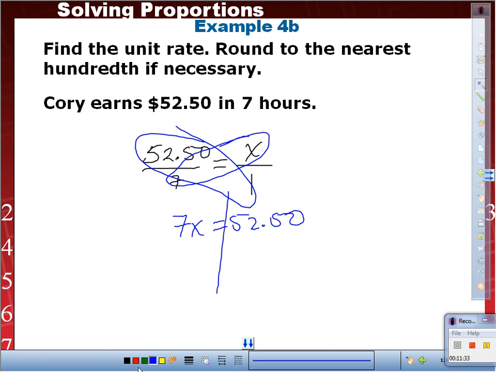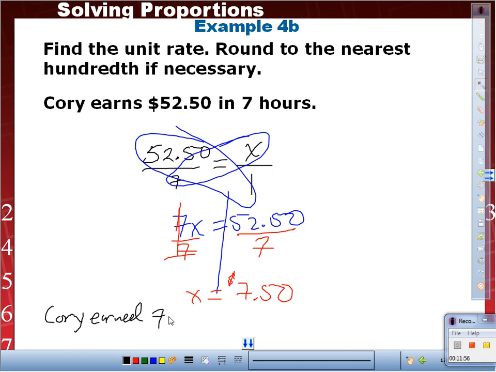Then we do inverse operations. Divide by 7. Divide by 7. X equals to what, Allison? $7.50. And what did you write for your statement, for your answer? $7.50 each hour.